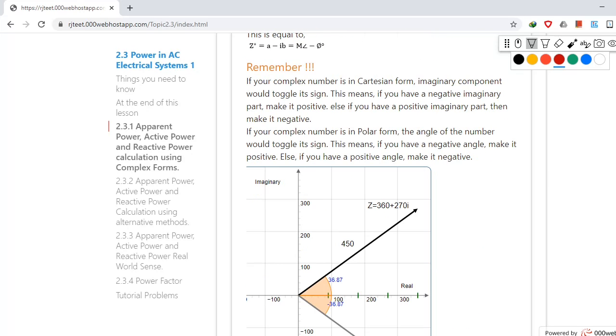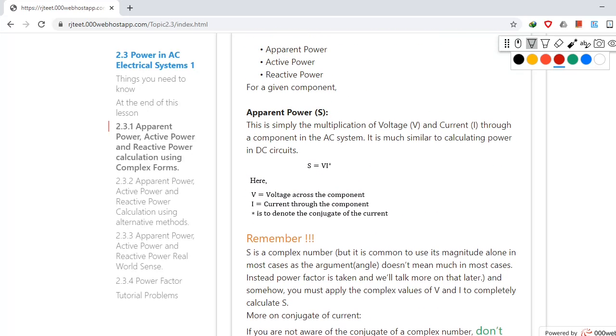That is apparent power. Now, coming back to apparent power, you should know what the conjugate means and how to calculate the conjugate once you are given the current value. All you do is take the voltage value, substitute that value in complex form, and multiply it by the conjugate of the current.